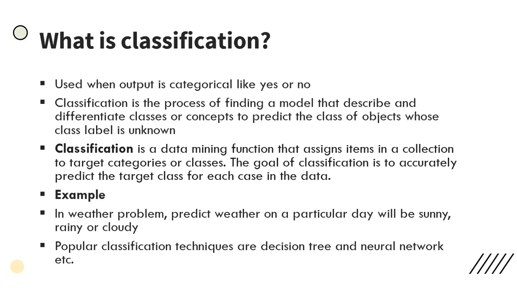Classification is a data mining algorithm, the process of finding a model that describes and differentiates classes or concepts, to predict the class of objects whose class label is unknown. In classification, first we create the model based on our requirement. Suppose we want to differentiate products like jeans and t-shirts.